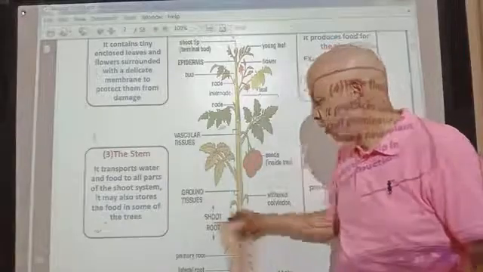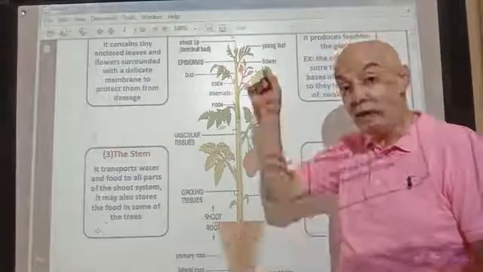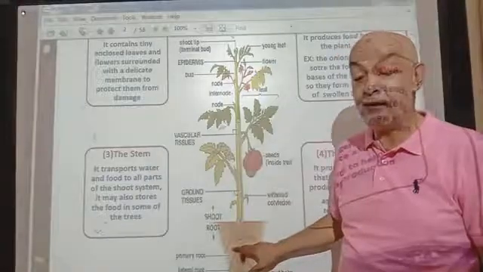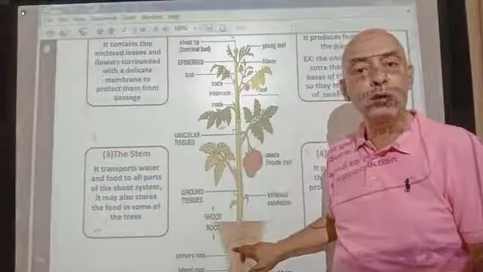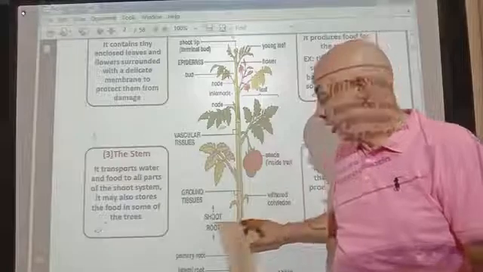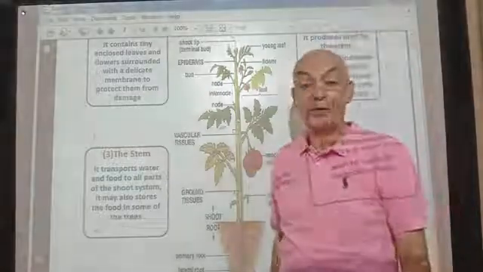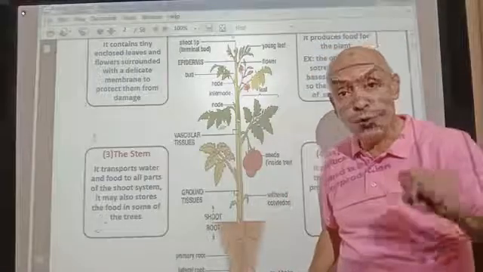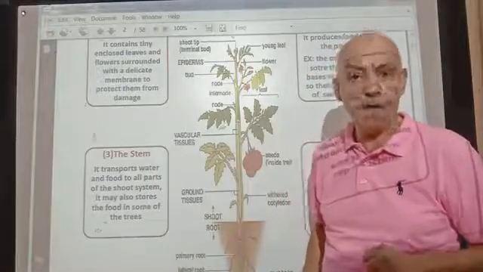Once again, the root system is consisting of main root, lateral roots, and branches extending from the lateral roots called root hairs. The root hairs are very important part of the root system because they are responsible to absorb water and minerals from the soil.